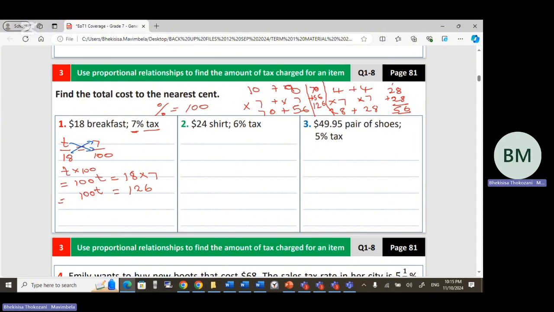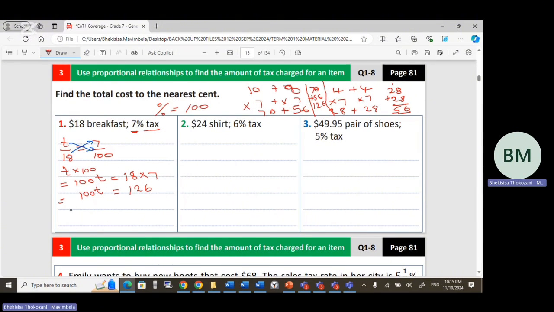Now we are going to divide everything by 100. Okay, so let's divide everything by 100. I'm going to say 100 on both sides, with my T here, which is 126 divided by 100.